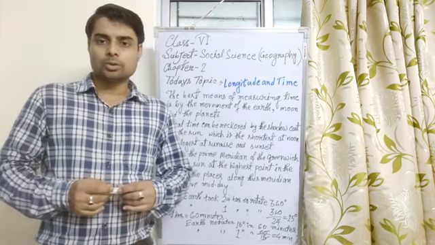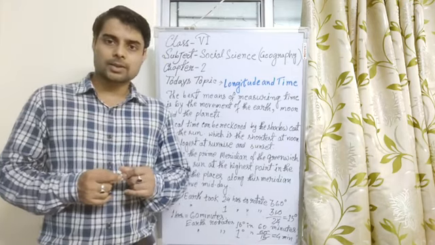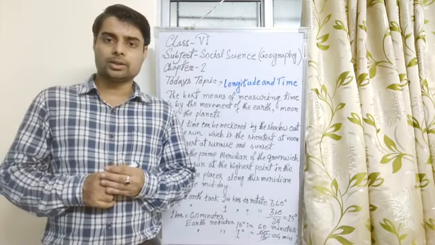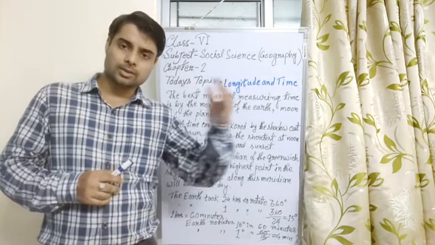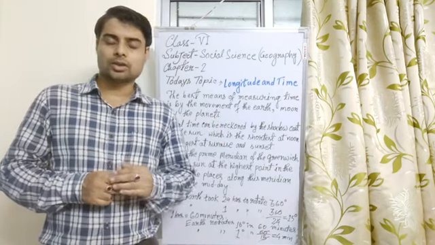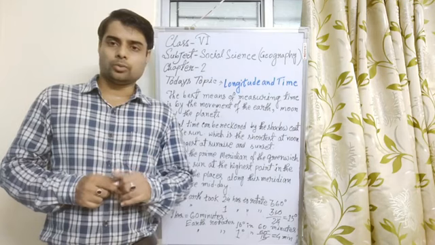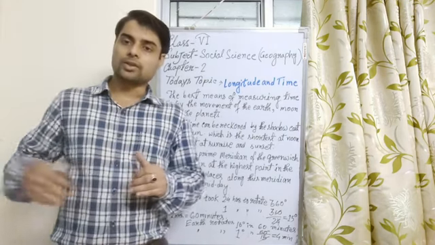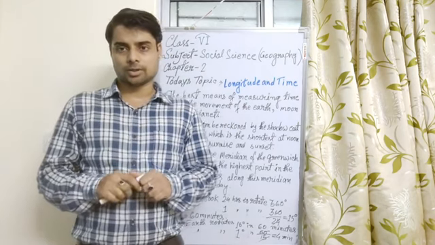So the time increases eastward from the prime meridian and decreases in the western hemisphere.